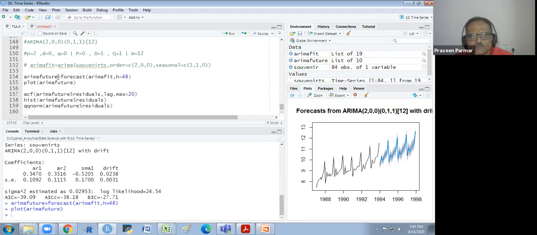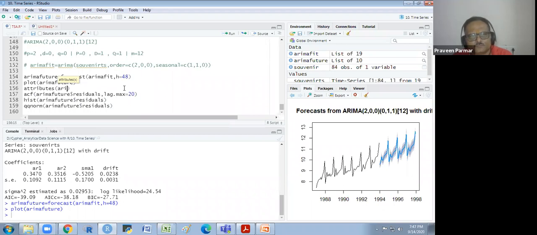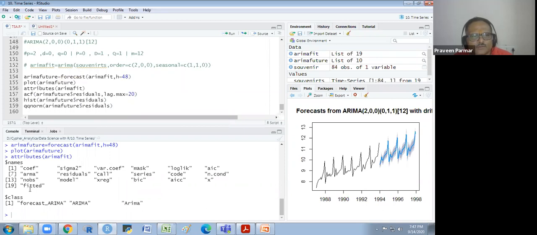And if I see here, I am taking the ARIMA future residuals. If I see the attributes of this ARIMA fit, I am getting these residuals. For the ARIMA future, if I see, there would be residuals, I just see the future, and it is the same.